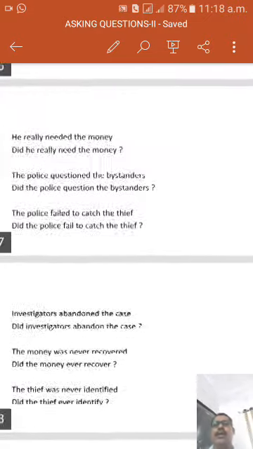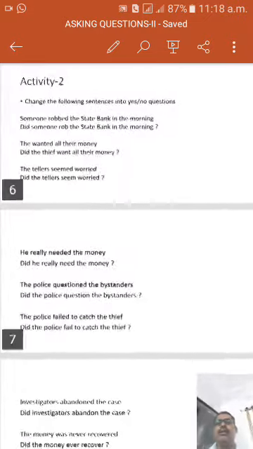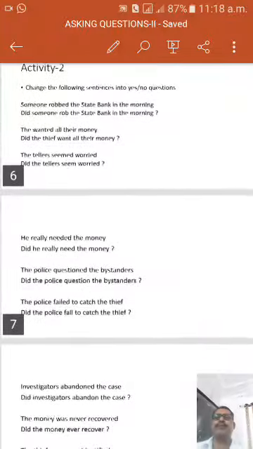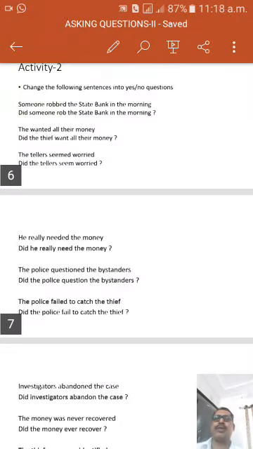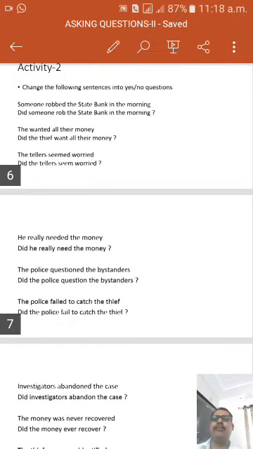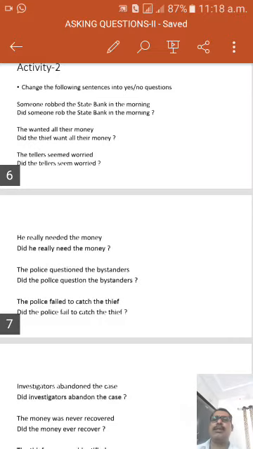So you see, in all these questions, I identify the verb, the V1 form of the verb. Did someone rob? V1 form, rob. Did the thief want? Want, V1 form. Did the teller seem? Seem, V1 form. Did he really need? Need, V1 form.